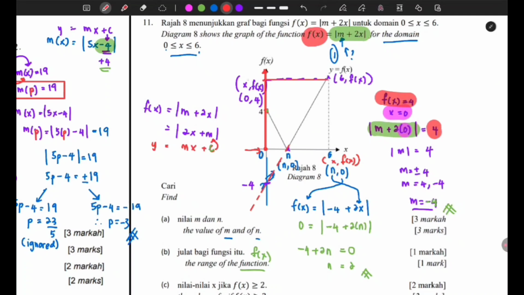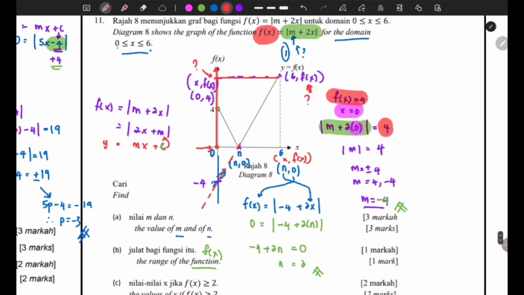So you need to find this value. Here you know it's 0, so you don't need to find that one, but you need to find this fx. What is that value? You know your x is 6, so substitute and find that. When your x is 6, substitute into modulus m negative 4 plus 2x. You just need to key in inside the calculator. 2 times 6 is 12.